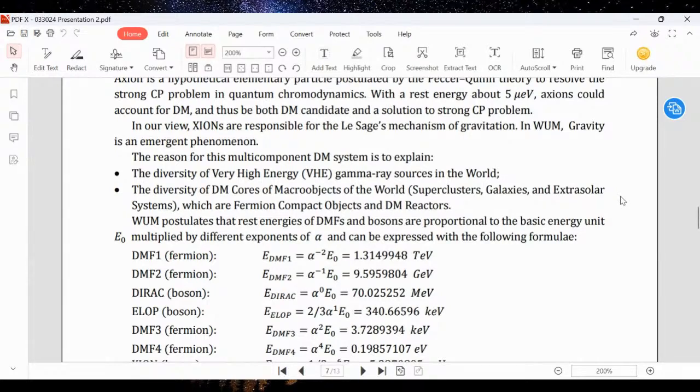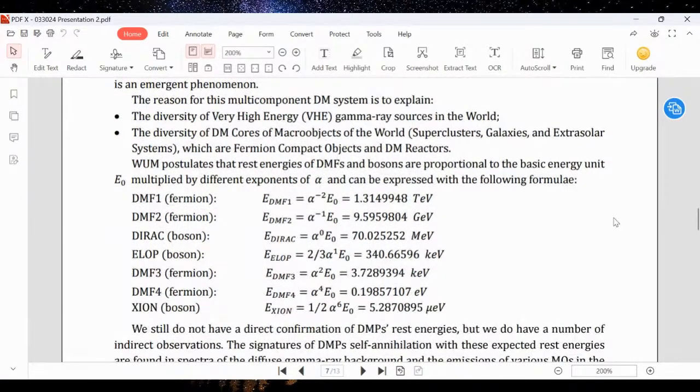Our model postulates that rest energies of dark matter fermions and bosons are proportional to the basic energy unit E0 multiplied by different exponents of alpha and can be expressed with the following formulas.